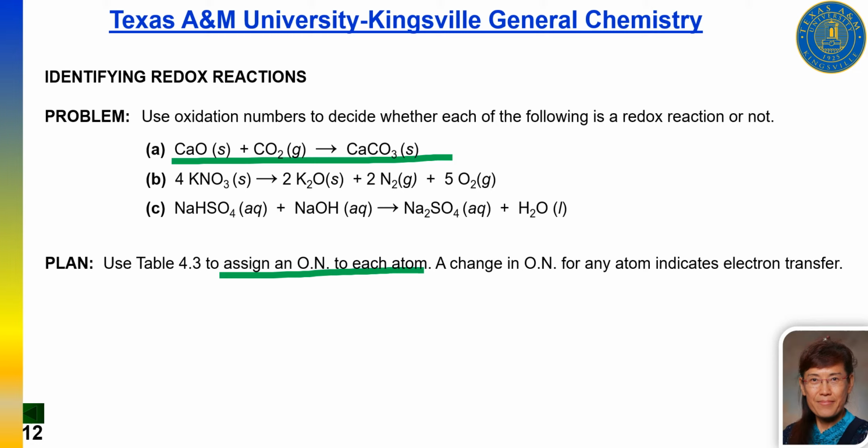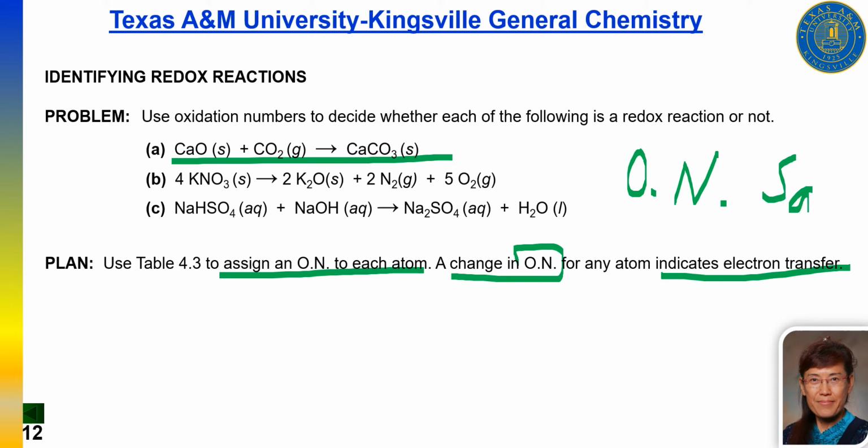If you see the oxidation number change, meaning there is an electron transfer, that reaction is a redox reaction. Otherwise, if the reaction occurs but the oxidation number has no change and stays the same, the reaction is not a redox reaction.